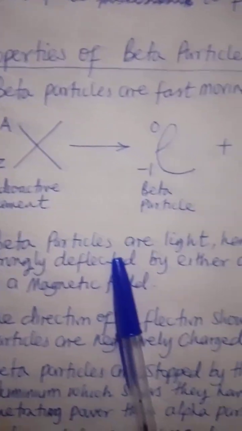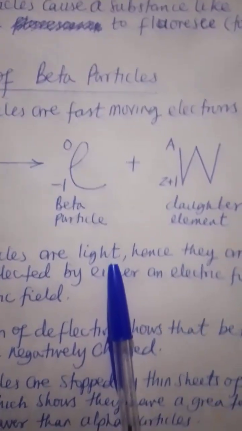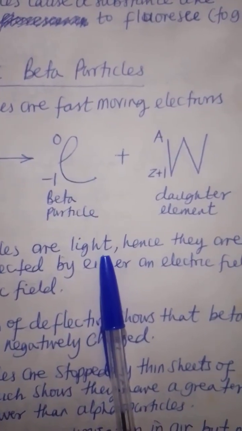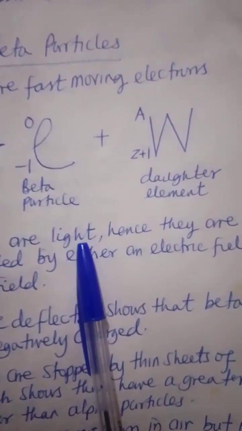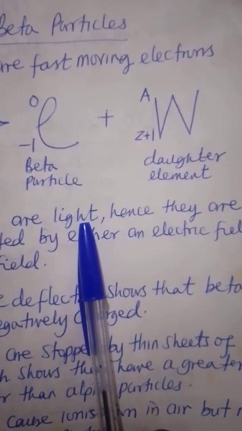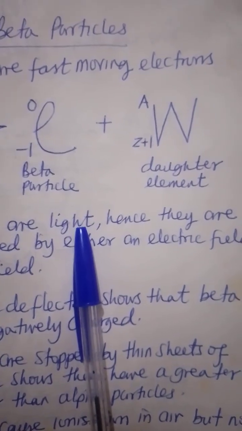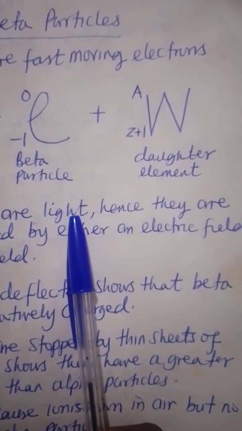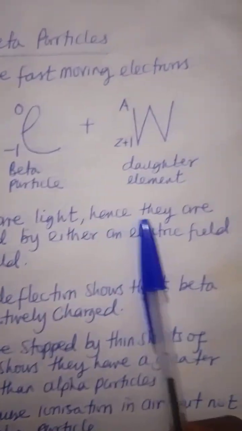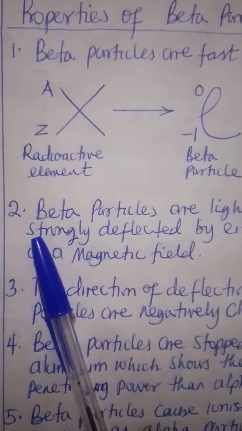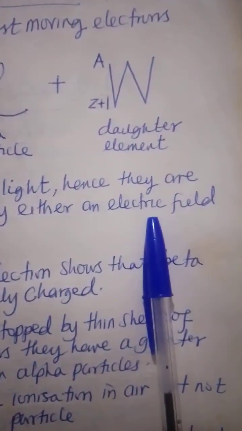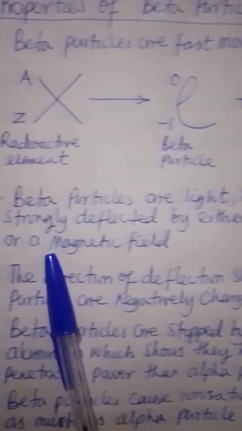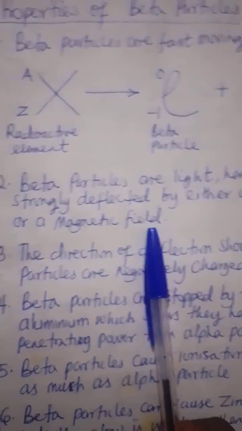Beta particles are light. Unlike alpha particles that are heavy, beta particles are light. And because they are light, they are strongly deflected by either an electric field or a magnetic field. Hence, they are strongly deflected by either an electric field or a magnetic field.